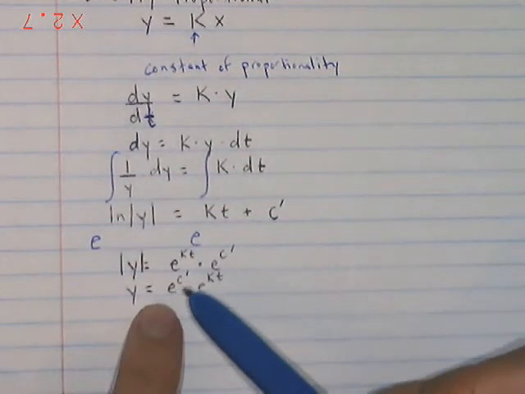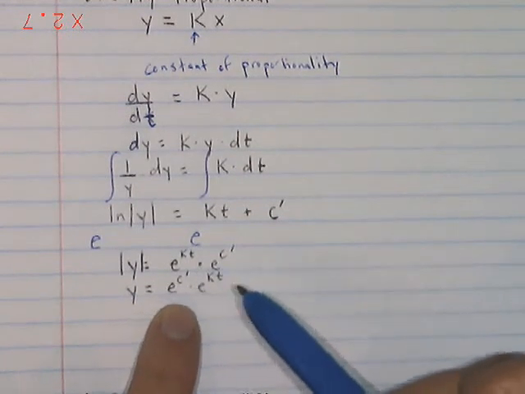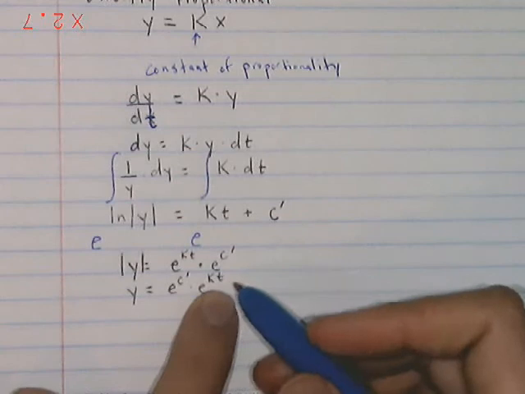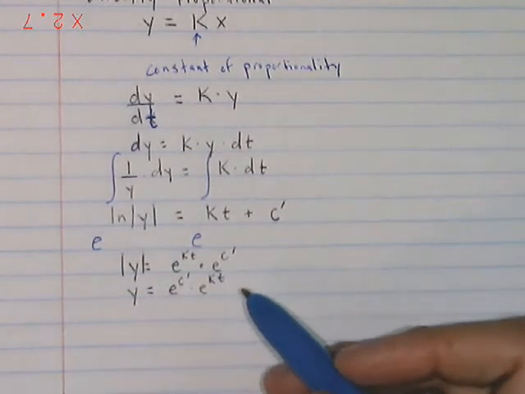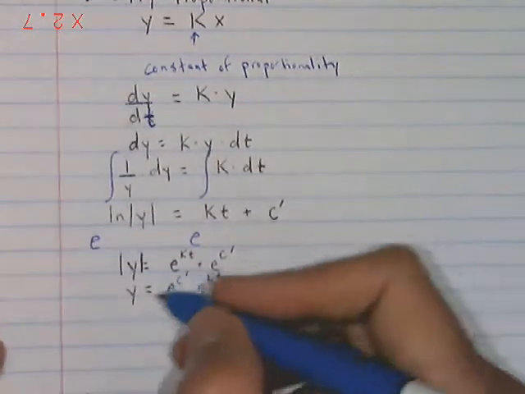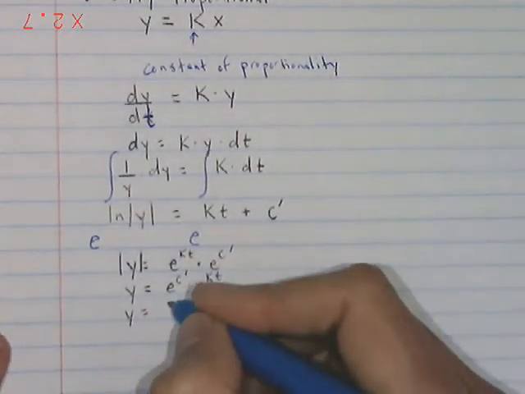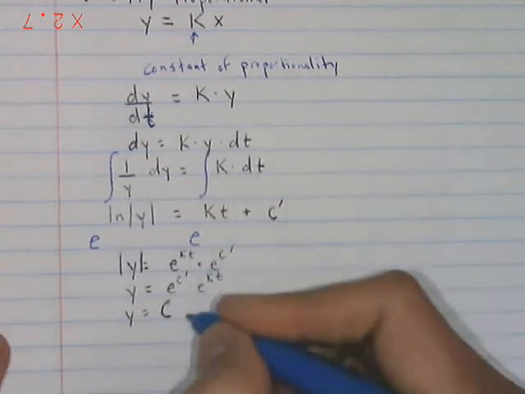But this is just going to be some constant, and specifically what this constant is going to be can be found if we let t equal 0. Okay, but first we're going to replace e to the c prime, we'll just call it big C now.